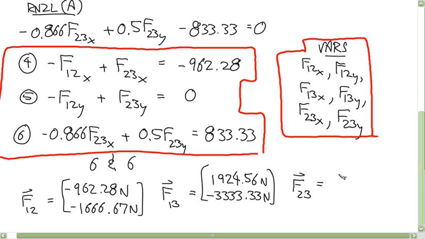And then for F23, 1924.56, negative 1666.